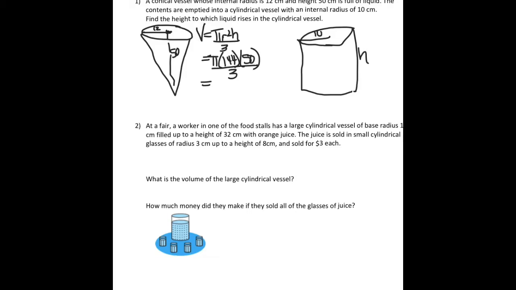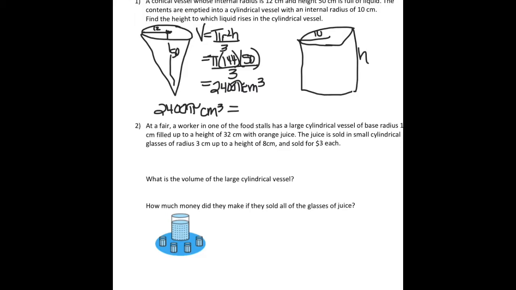So 7,200 pi divided by 3 is 2,400 pi centimeters cubed.